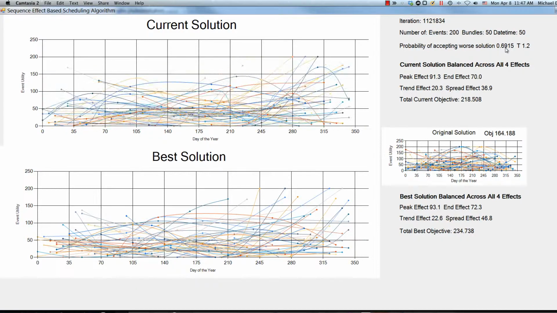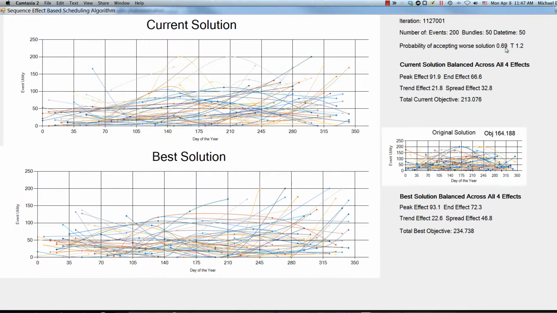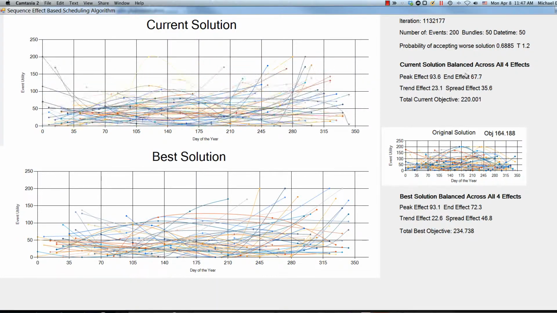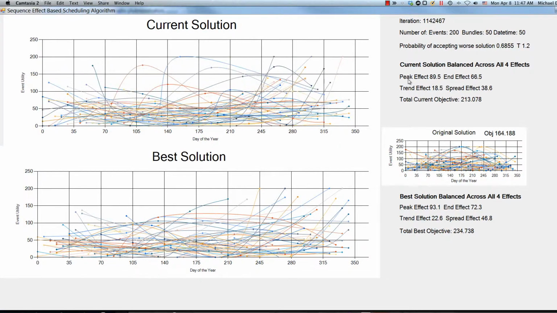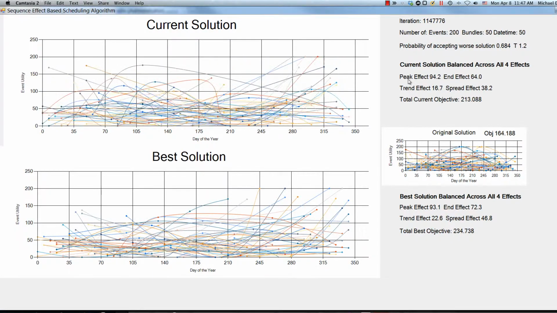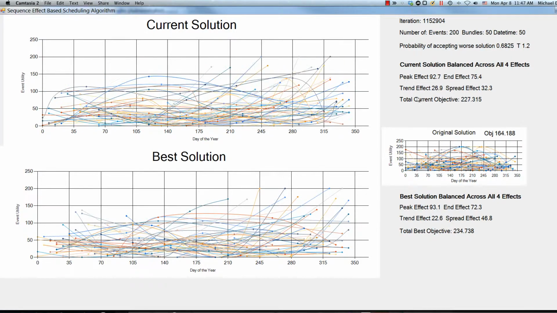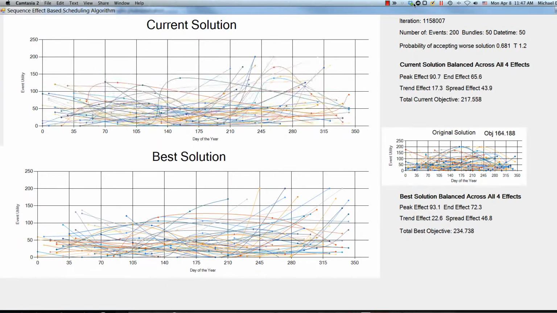And that's the case here. We have a complex objective statement that has all kinds of weird things going on, and this type of solution algorithm does a pretty good job at solving it. All right, so let's take another break, and we'll be back in just a minute.